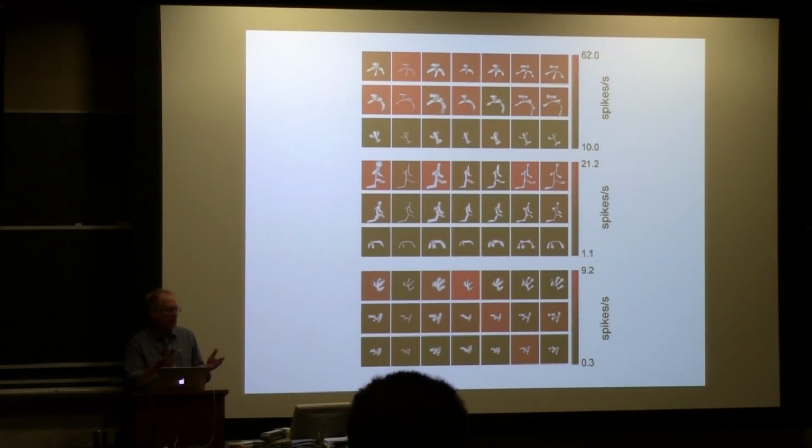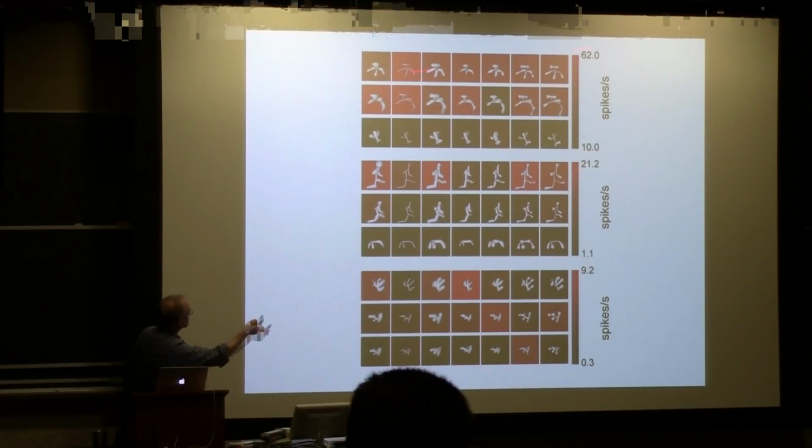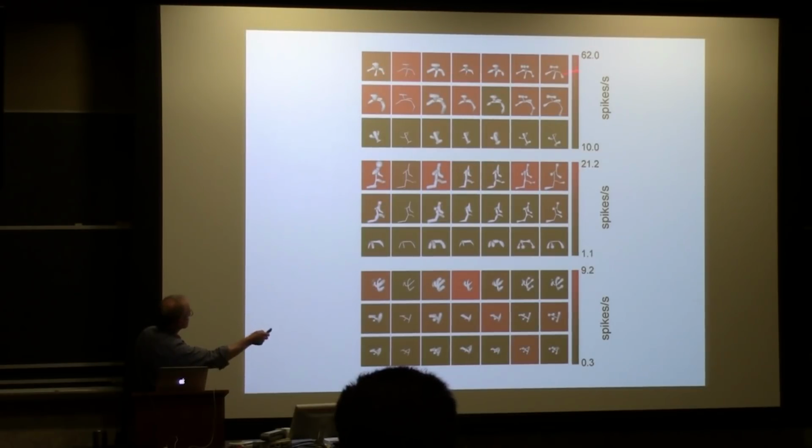But most TE neurons combine medial axis tuning with tuning for surface shape as well. So they preserve more than just stick figure shape. They preserve some detail about the surface shape around those medial axes. So these are 3 different neurons, and for each neuron what's shown is responses to a high response stimulus, a lower response stimulus, and a very low response stimulus.